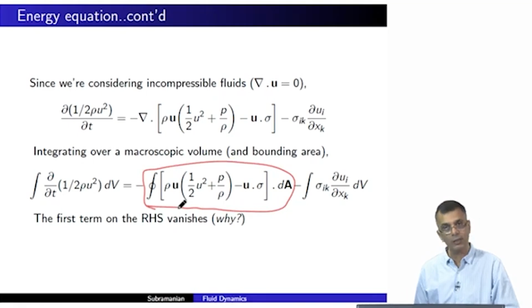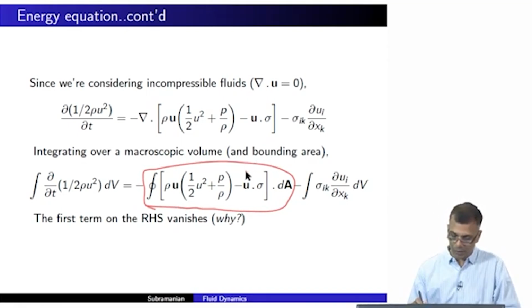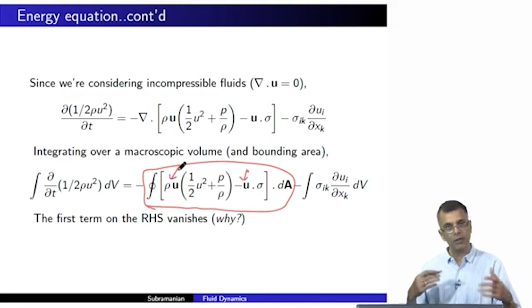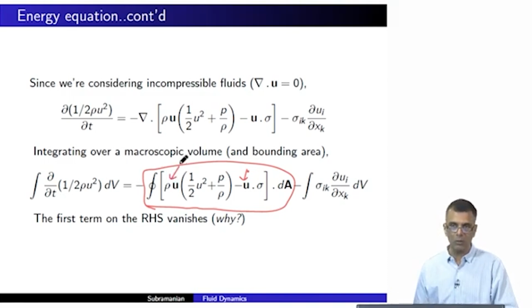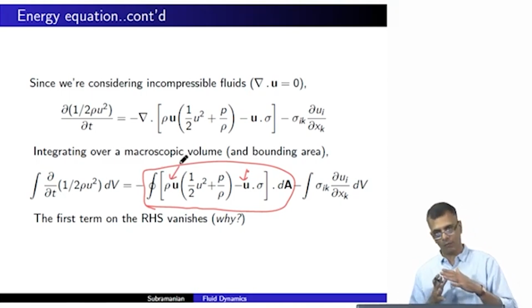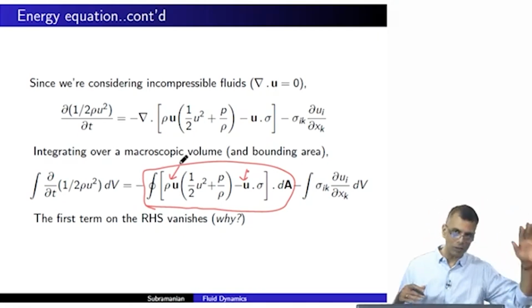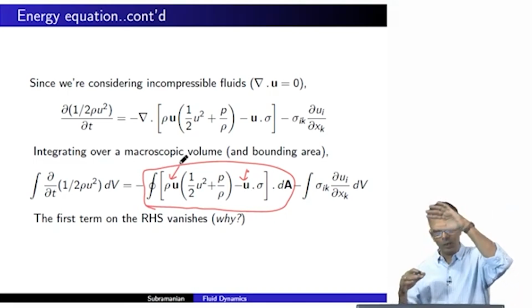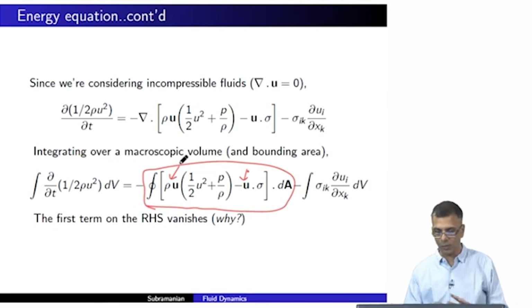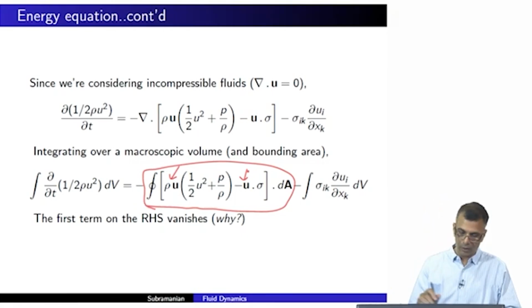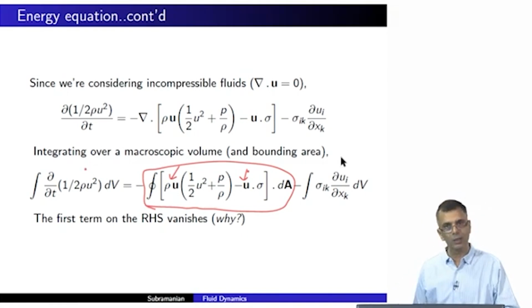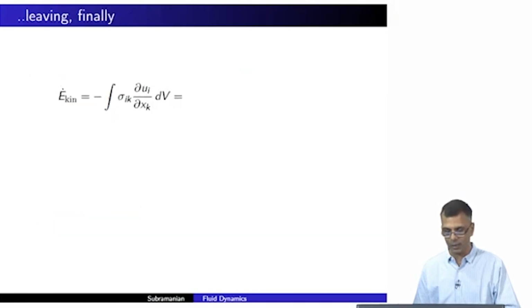Why is that? Notice that we have a u here, and for any well-behaved flow you assume that the velocity vanishes at infinity. So you're integrating only over the surface at infinity, where u essentially vanishes, which allows me to throw this away, so that I'm only left with this term and this term. That's pretty nifty, and it simplifies my life greatly.